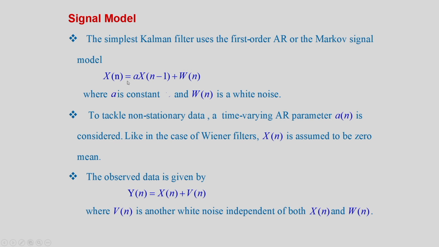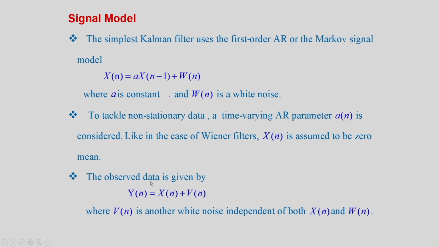We can use this coefficient to be time varying, so that non-stationarity of the data can be tackled. Like in the case of Wiener filter, x n is assumed to be of 0 mean. So, in all our signal estimation case, we assume the signal to be of 0 mean.